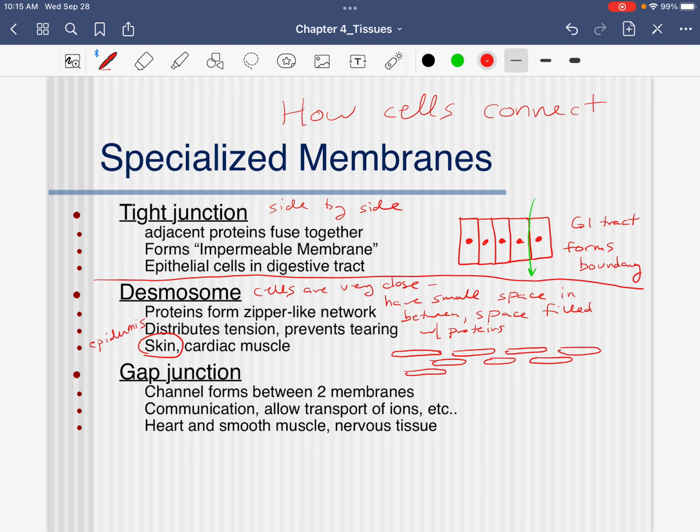So this is what the stratified squamous, many layers of flat-shaped cells, might look like. Instead of the cells being side by side, like the tight junction, they're very close, but there's a little space. And those little spaces are filled with proteins. So the green little lines I'm drawing are trying to represent proteins.